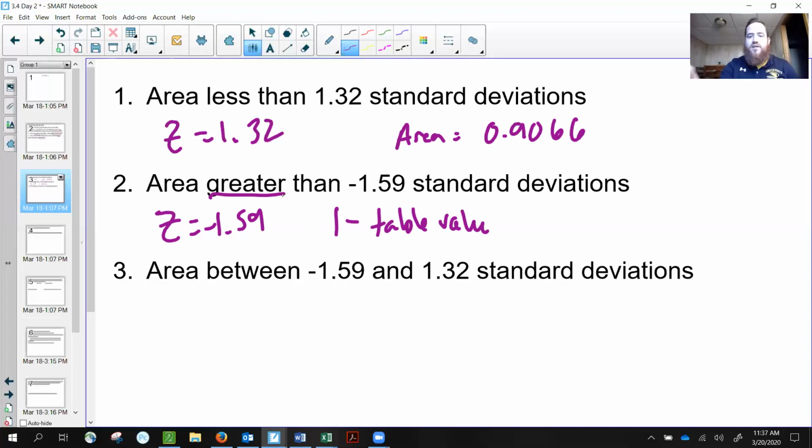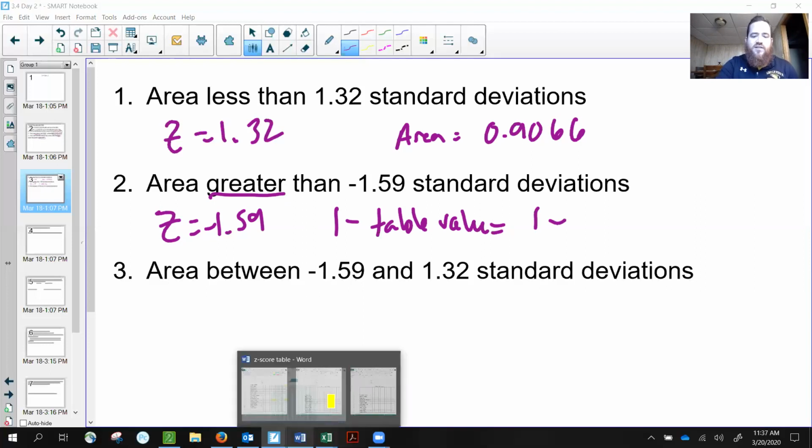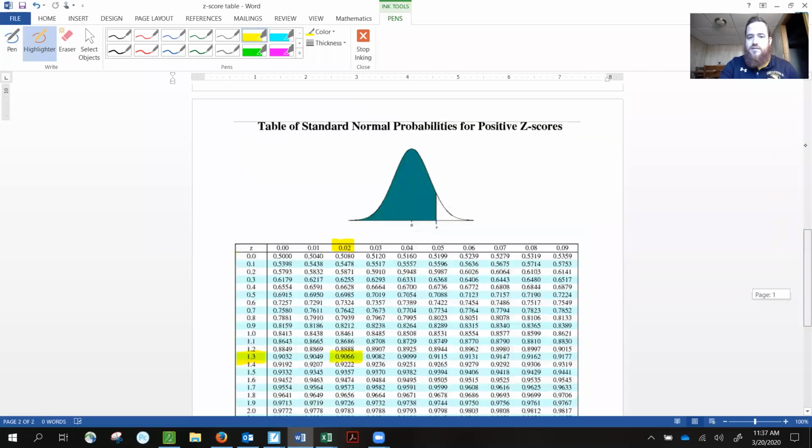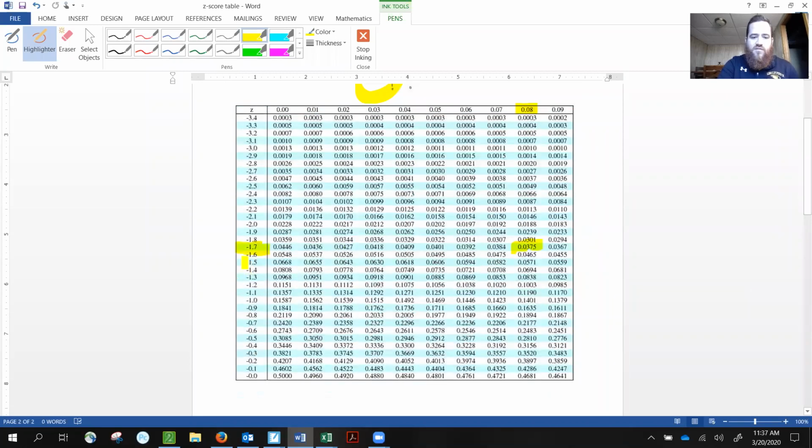If I want to find greater, I need to do 1 minus that. So 1 minus, let's look at negative 1.59 on our table. So I need to go to the negative side. Negative 1.5. And then 0.09 is over here. So where do those two meet? Right there.